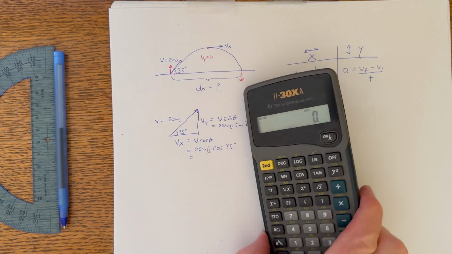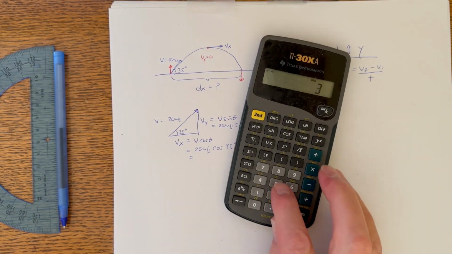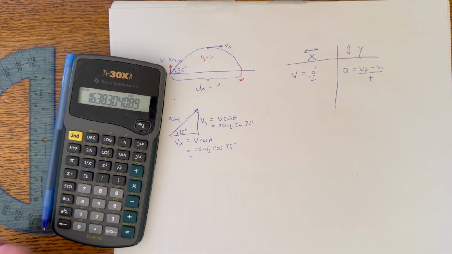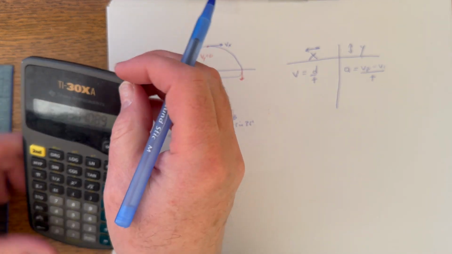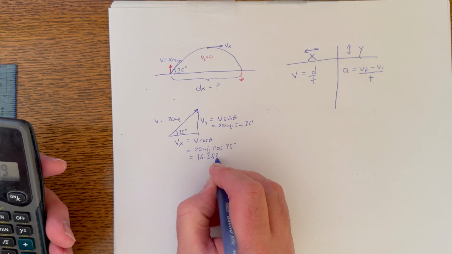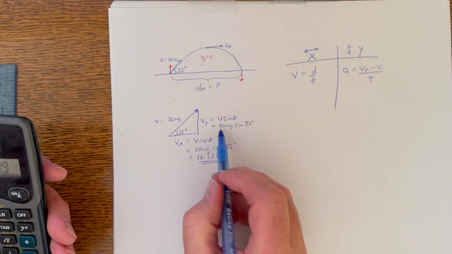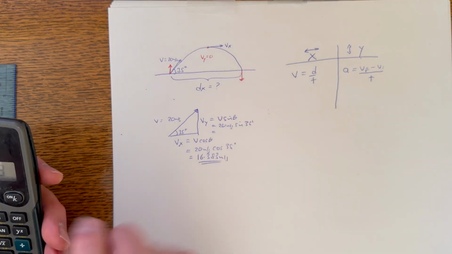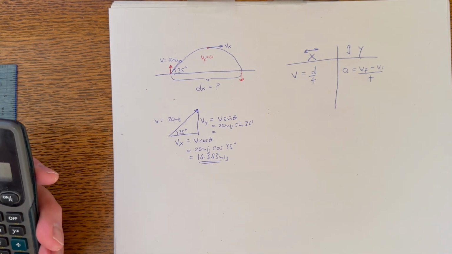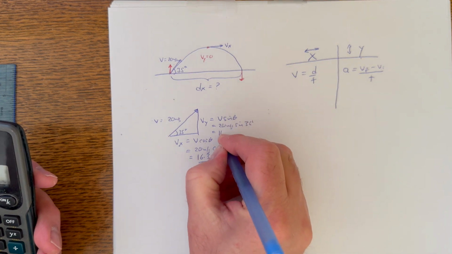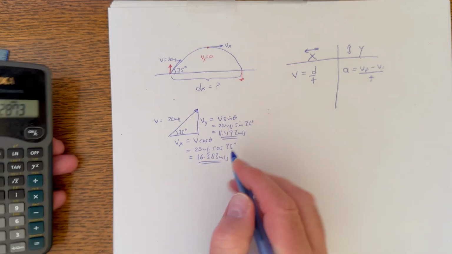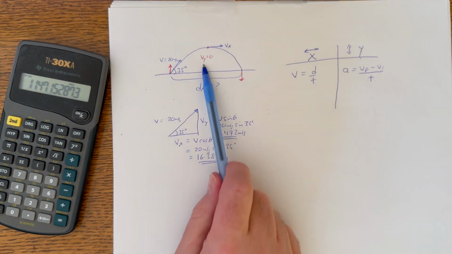Make sure we're in degree mode. Yes, we are. So 35 cos times 20 equals. So the x dimension of the velocity, which will be a constant value, is 16.383 meters per second. Where the y dimension over here, so 35 sine times 20 equals 11.47 meters per second.